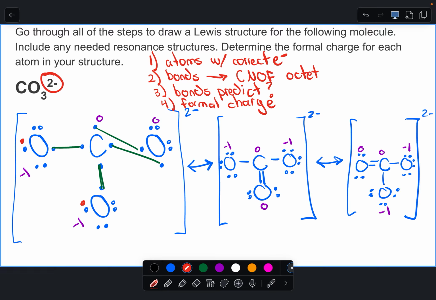So let's count up basically the subtraction for formal charge to verify that those 2 we've already talked about are 0. The way we do that is we want to just look at the electrons that are immediately surrounding the atom. So not counting the whole bond, just the ones that are right next to the atom.